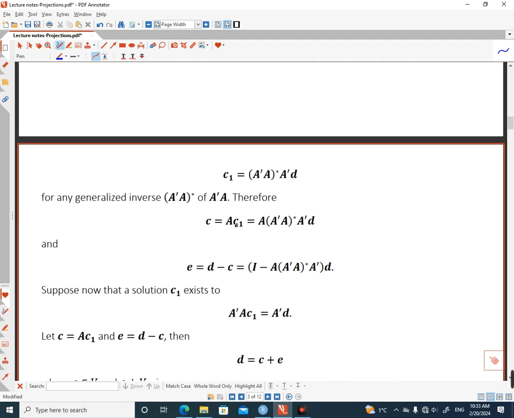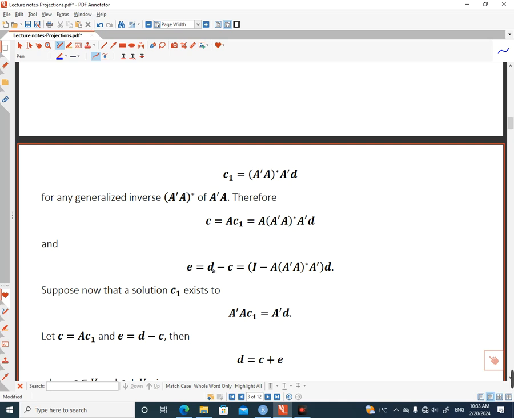Okay, let's go to the other page. In this case, C1 is given by a generalized inverse of A prime A times A prime D, and this works for any generalized inverse of A prime A. Therefore I can write C equal to A C1, and if I replace C1 from here, then C is equal to A times the generalized inverse of A prime A times A prime D, and the first part is proved.